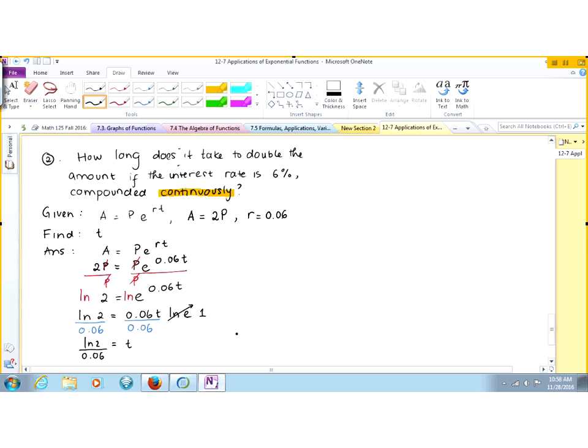What is this approximately? So we need to use your calculator, right? 11.5? 11.6? Yes, because this is years, right? How long does it take? It's 11.6 years.